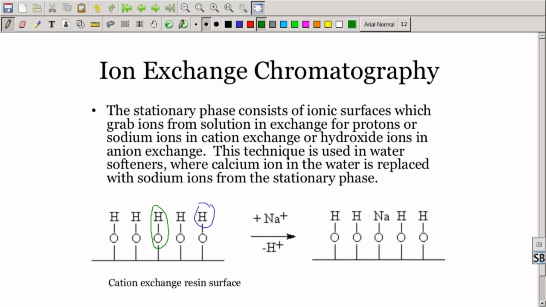Now where is this used most commonly? Next door. How many gallons of deionized water have we gone through this semester? Or you could even look further back and say, since you've been here at Middlesex, how many gallons of deionized water have we used? Lots. We go through hundreds of gallons of deionized water in a month.